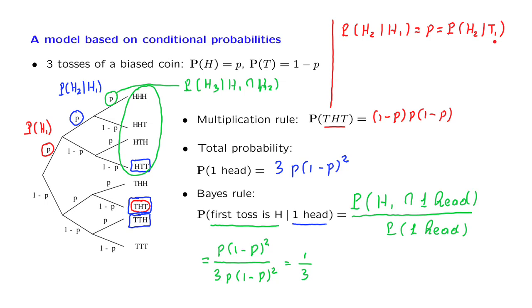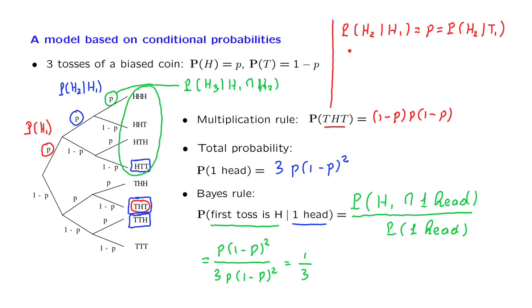In other words, our beliefs about what may happen in the second toss remain the same. There's a probability p of obtaining heads, no matter what happened in the first toss. Telling you the result of the first toss doesn't change your beliefs about what may happen, and with what probability, in the second toss.